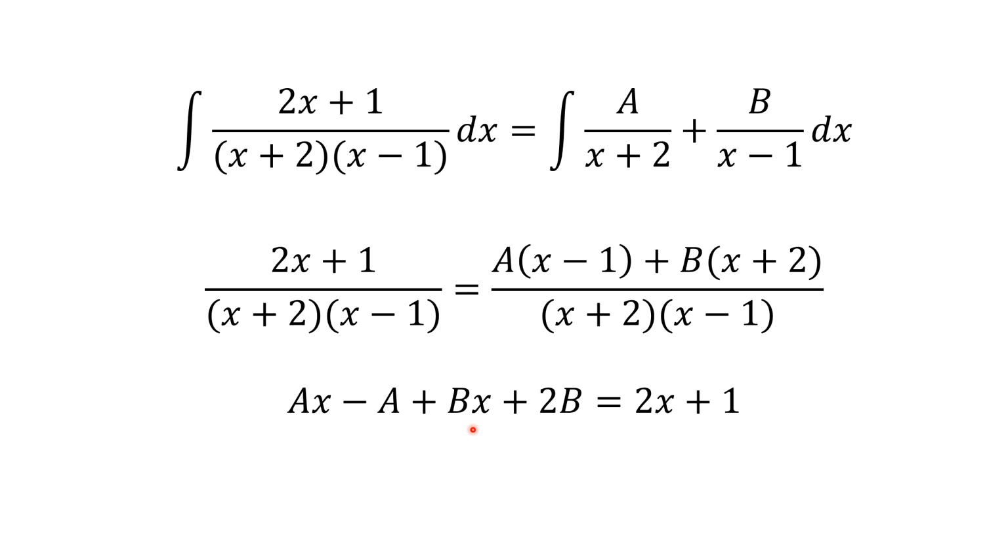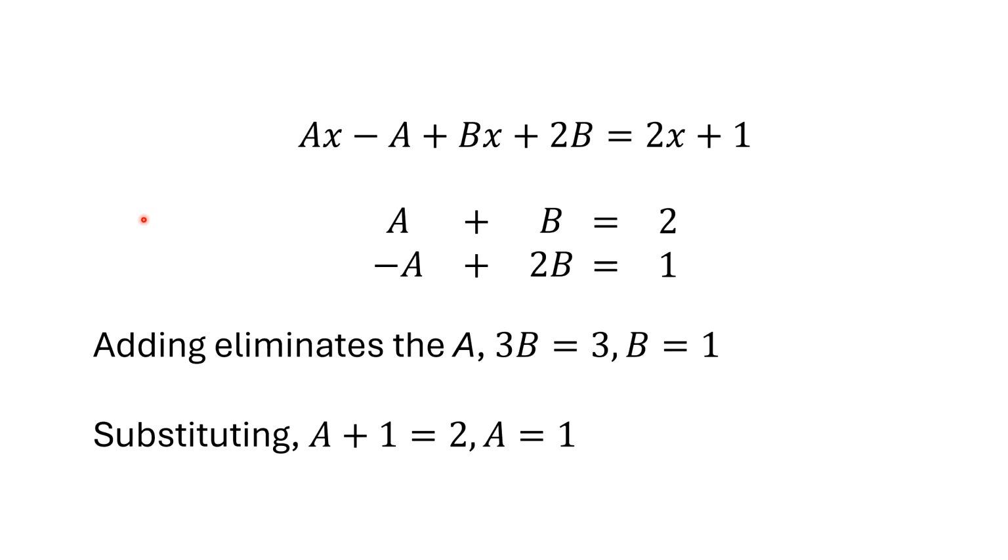And I was getting a little ahead of myself. I want to look at the x terms. Okay, so if I look at the x terms, I get A plus B equals 2. And if I look at the constant terms, I get negative A plus 2B equals 1.